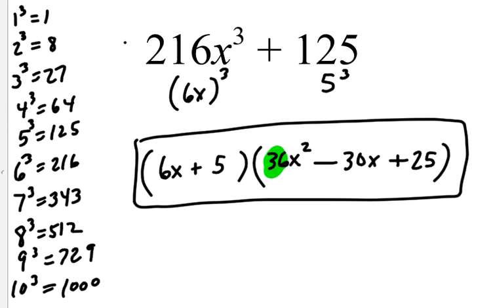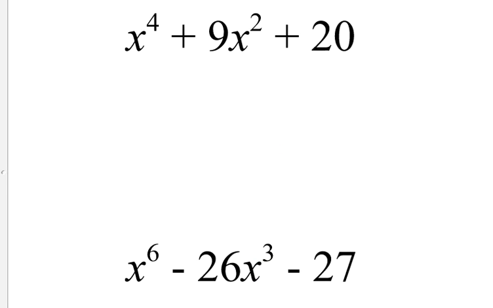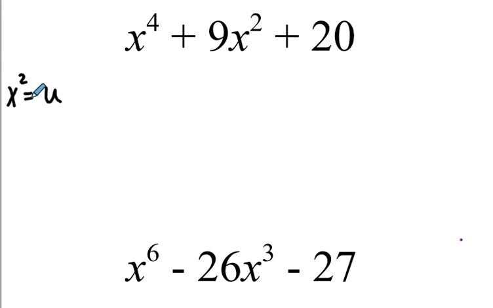All right, just three more strategies. Next type. This is what's called a quartic in a quadratic pattern. Or you have a degree 6 in a quadratic pattern here. So basically what I want to do on this is kind of treat x squared as u for a minute.